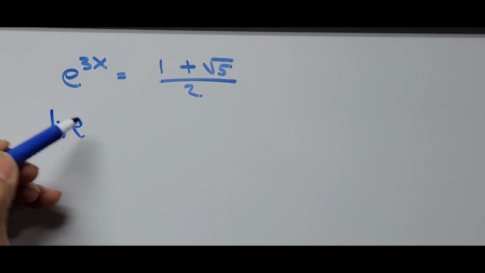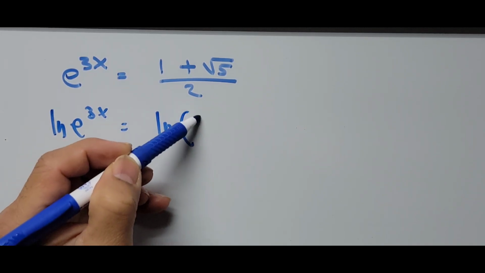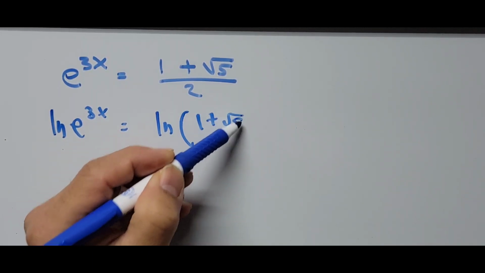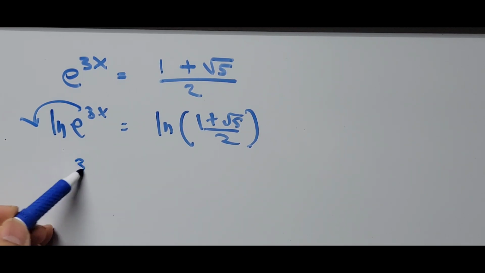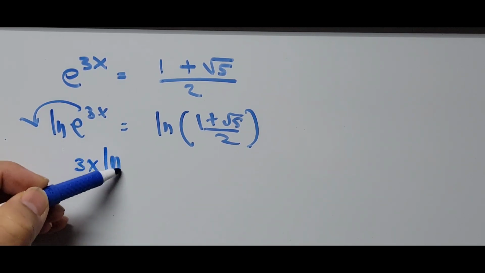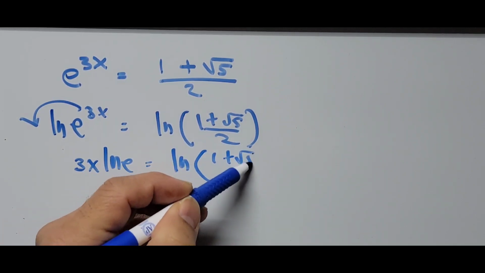ln of e to the power of 3x equals ln of 1 plus square root of 5 divided by 2. We're putting the exponent as a coefficient. The equation now becomes 3x ln of e equals ln of 1 plus square root of 5 divided by 2.